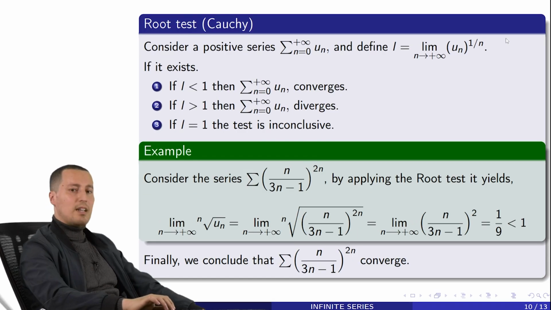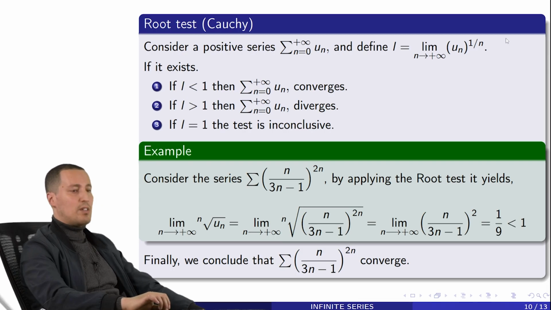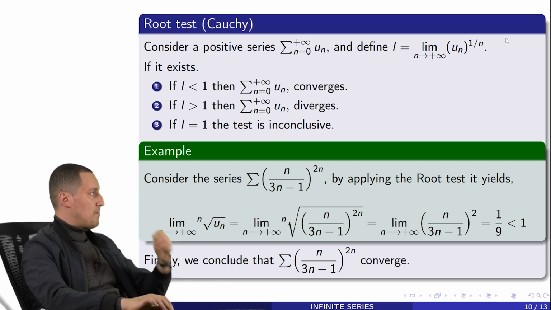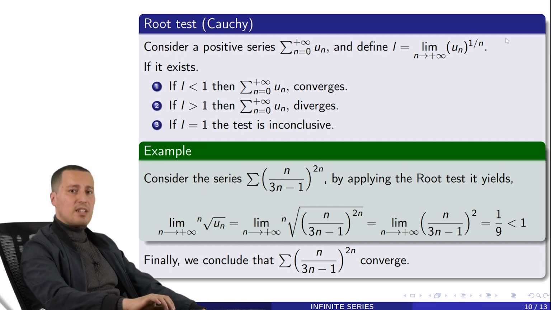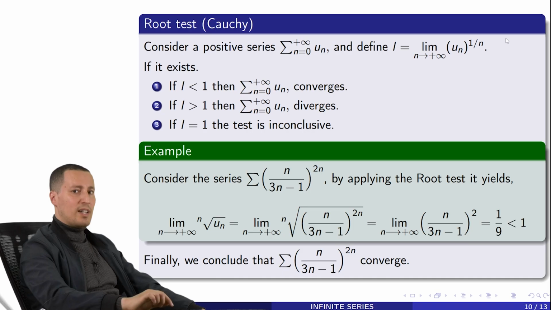The second test is called the Cauchy test theorem. The Cauchy test concerns this kind of series: the study of the sequence u sub n to the power 1 over n as n goes to infinity.